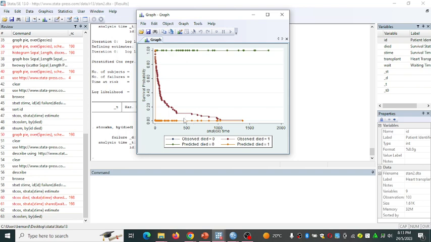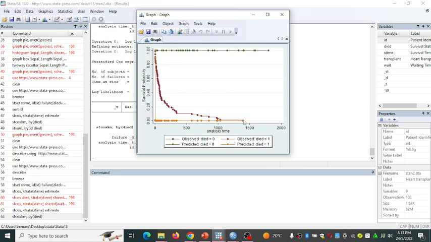You can see we haven't encountered any death. But when you come here at the end, you can see we have one predicted death, but it has not occurred. So our curve has predicted death here, but that death physically has not occurred.